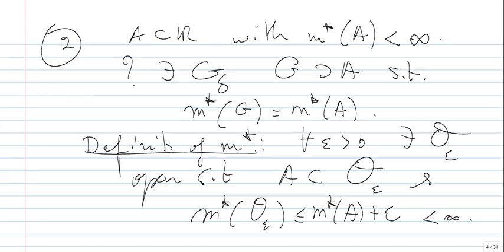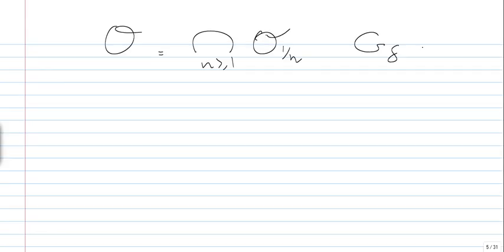Now let us take O to be the intersection of the O epsilon that corresponds to 1 over n. This is a G delta, since it is a countable intersection of open sets.